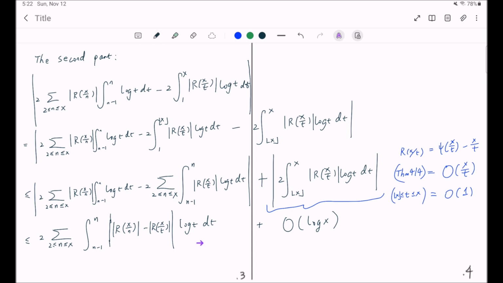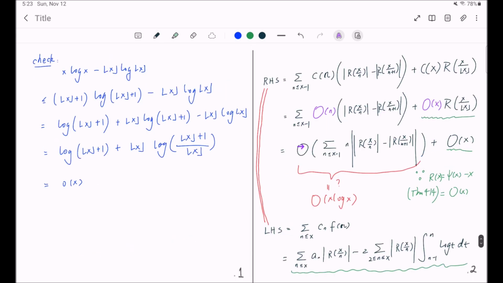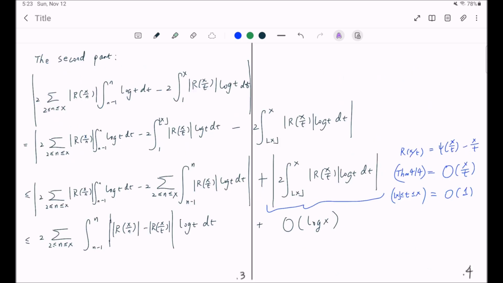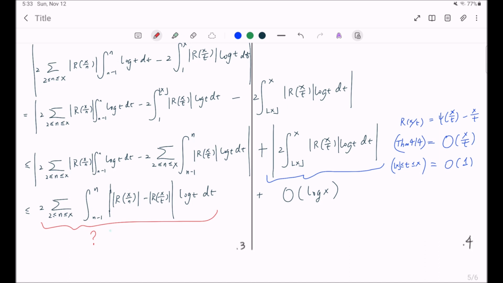So again, as in our treatment of the first part, we are left with a complicated term involving R. And I will leave a question mark here. As before, we want to show this guy is equal to big O of x times log of x.